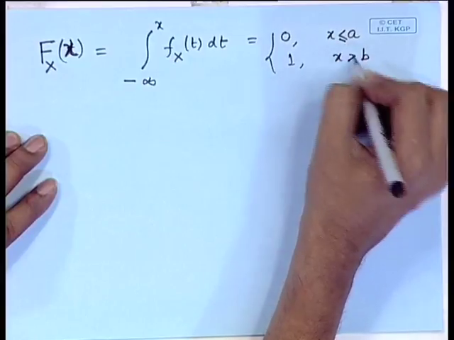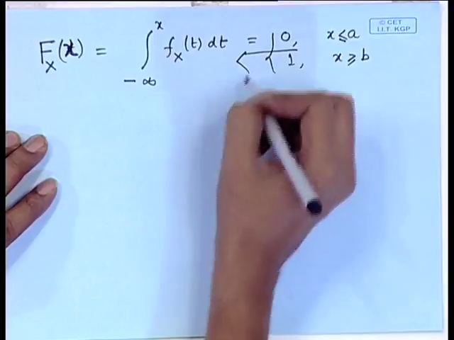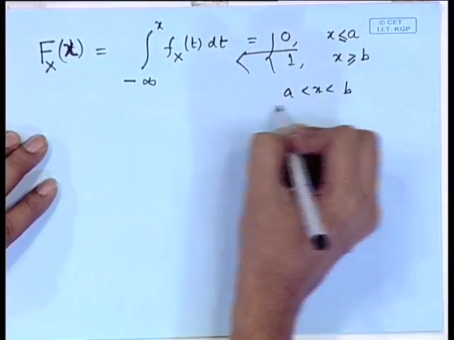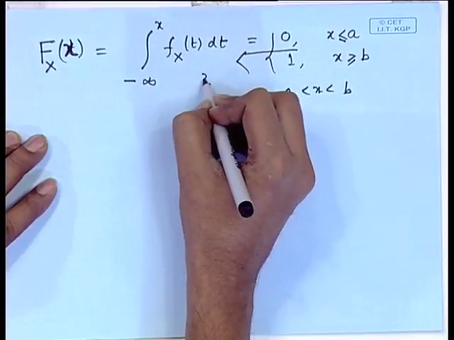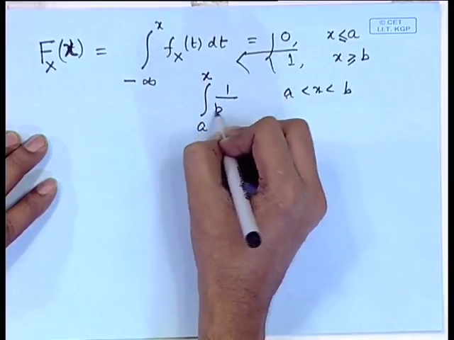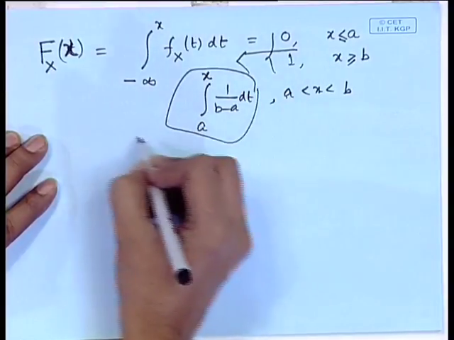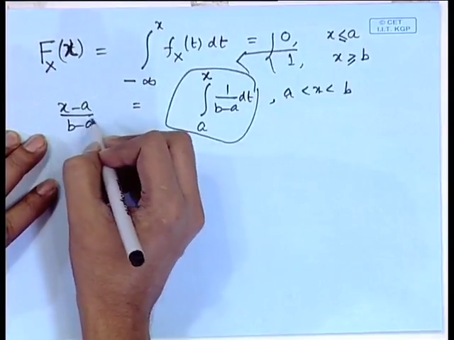You may put equality here also, it does not make any difference. However, if I am considering x to be between a and b, then it is the integral from a to x of 1 by (b minus a) dt, and this value is equal to (x minus a) by (b minus a).